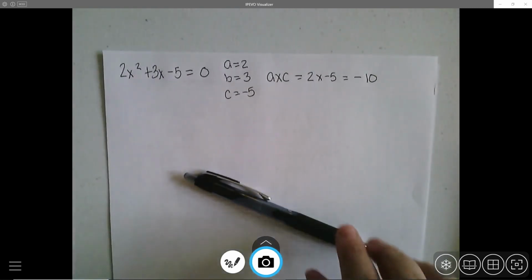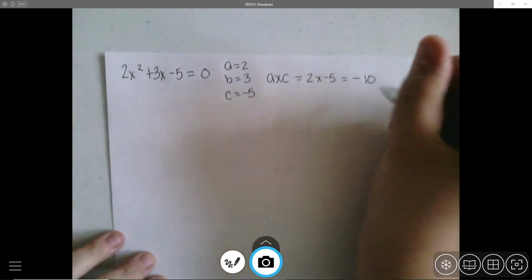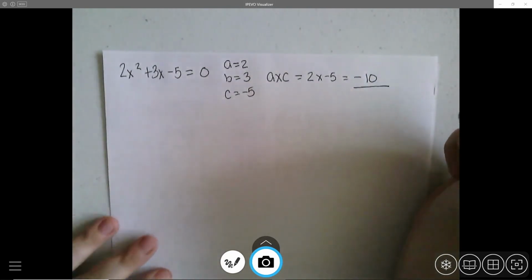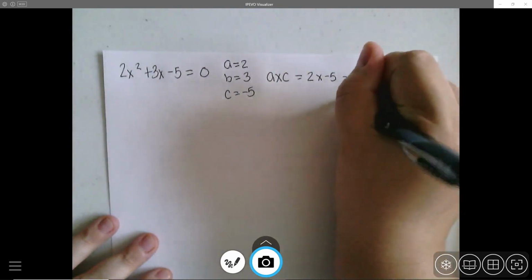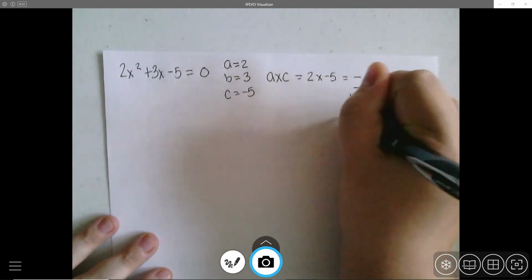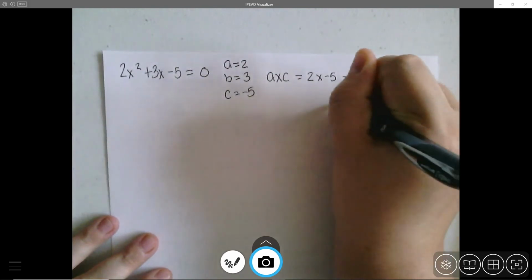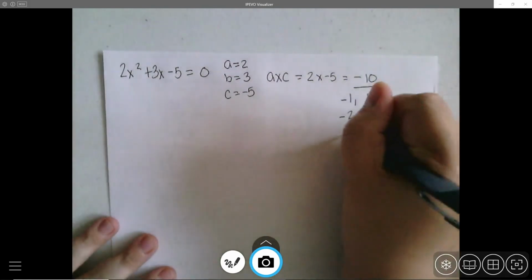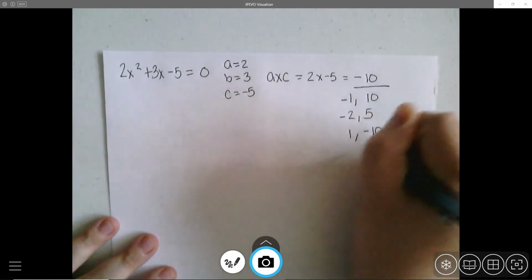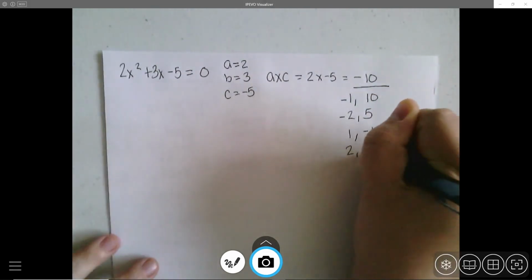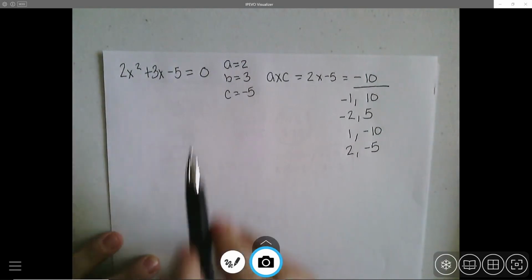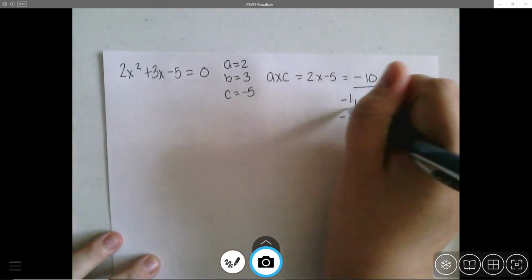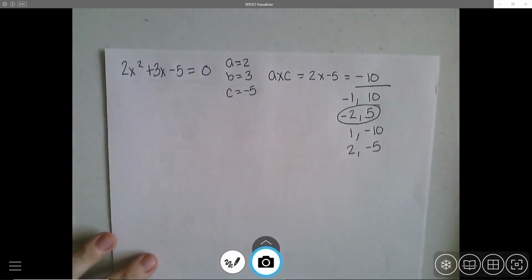If it's negative, remember it's one of each, so one positive, one negative. I have 1 and 10, 2 and 5. For these, the first numbers get the negative. Then when I write them again, the second numbers get the negative. I'm looking for which one gets me to B, which one gets me to 3? -2 and 5 gets me to 3.